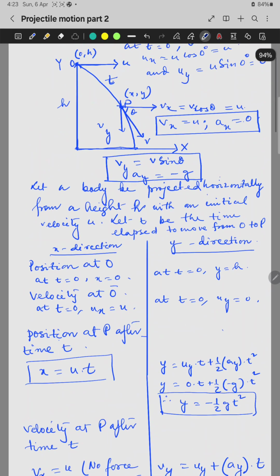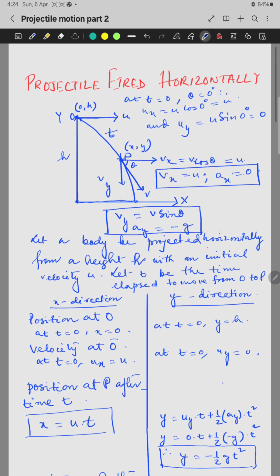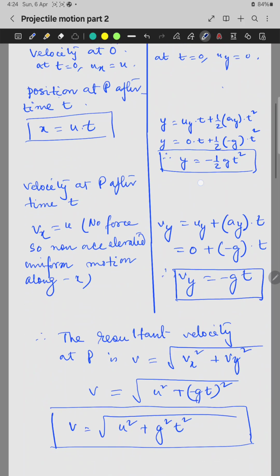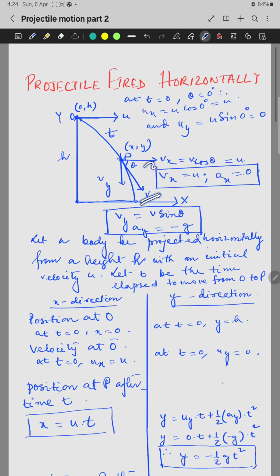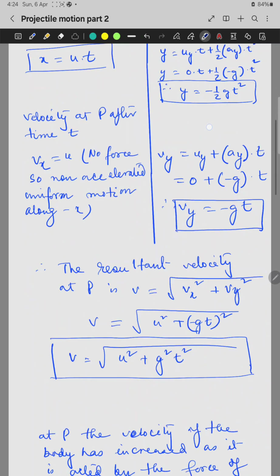So there are two types of motion along the two axes. In the case of the x-axis, uniform motion, and in the case of the y-axis it is uniformly accelerated motion. Now v is the resultant of Vx and Vy. So how to get v then?